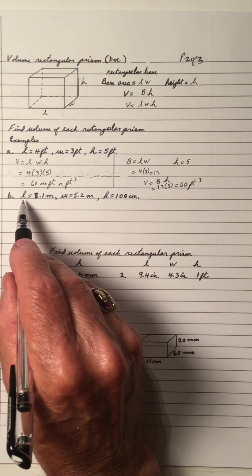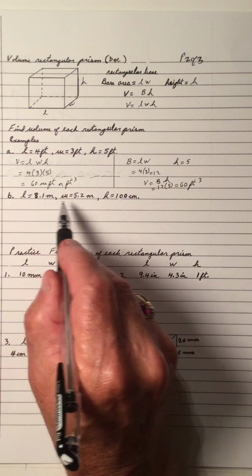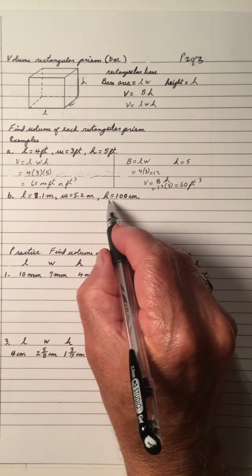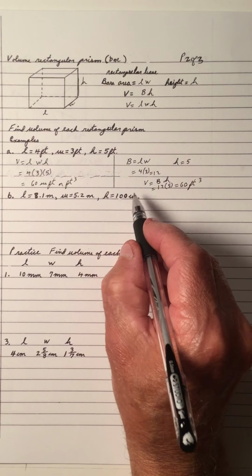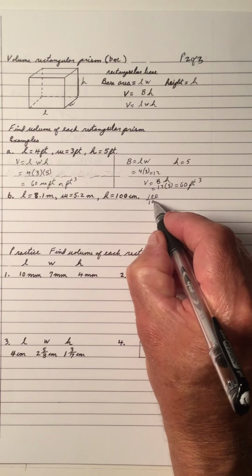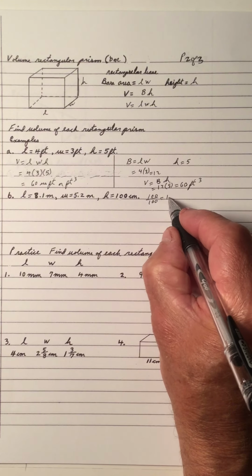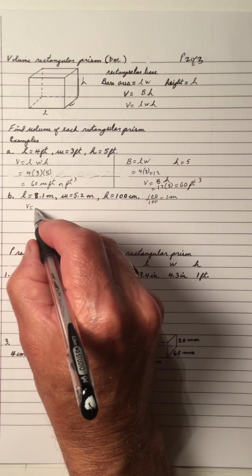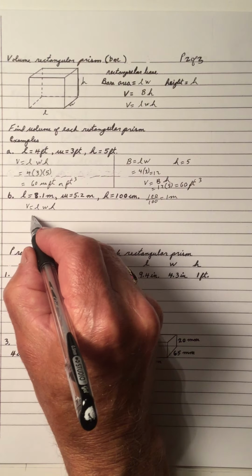B, we have a length of 8.1 meters, we have a width of 5.2 meters, and we have a height of 100 centimeters. There's 100 centimeters in a meter, so that makes 100 centimeters 1 meter. So the volume is the length times the width times the height.